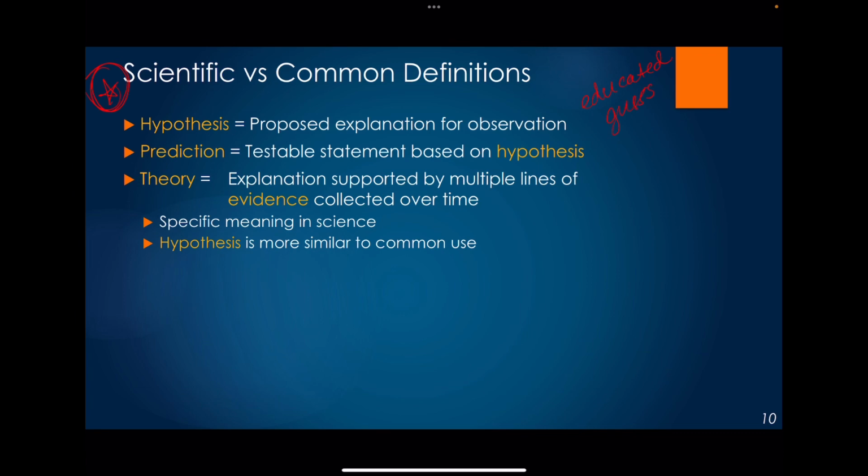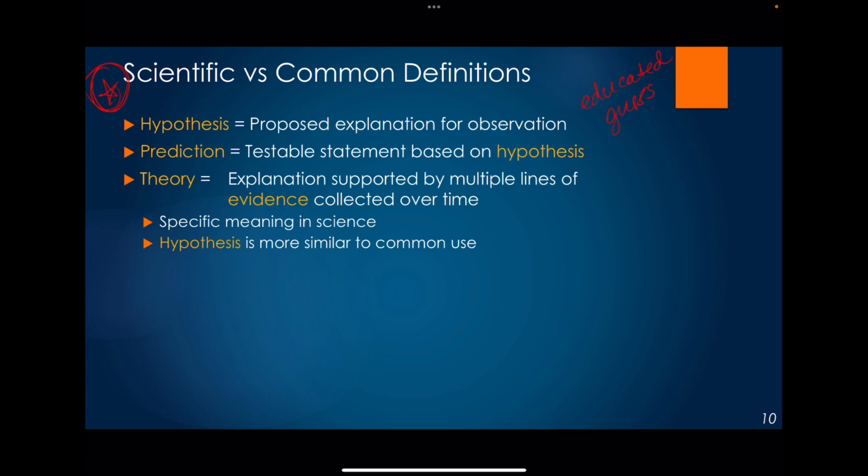But we try to have you move away from saying educated guess because it's not a guess. There is something in your brain, in your instincts, that made you say that. So you're not really guessing; there is some reason why you said that. So we just say proposed explanation. So that's your hypothesis, right?